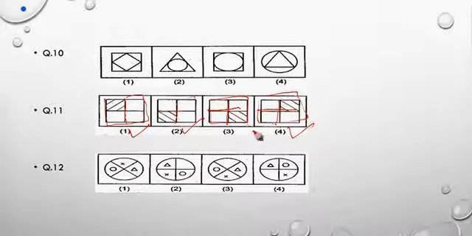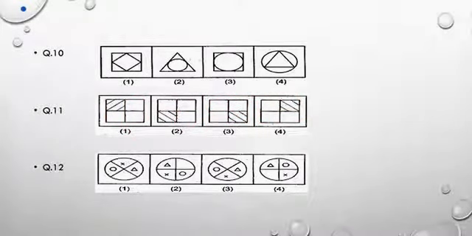But in case of problem figure 3, one of these 3 lines is touching the center. So on the basis of this logic, question number 11 has the answer 3.